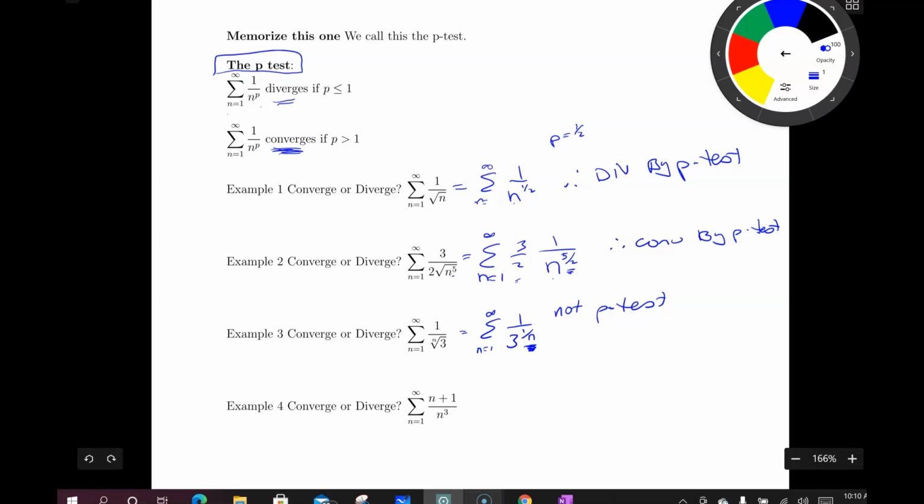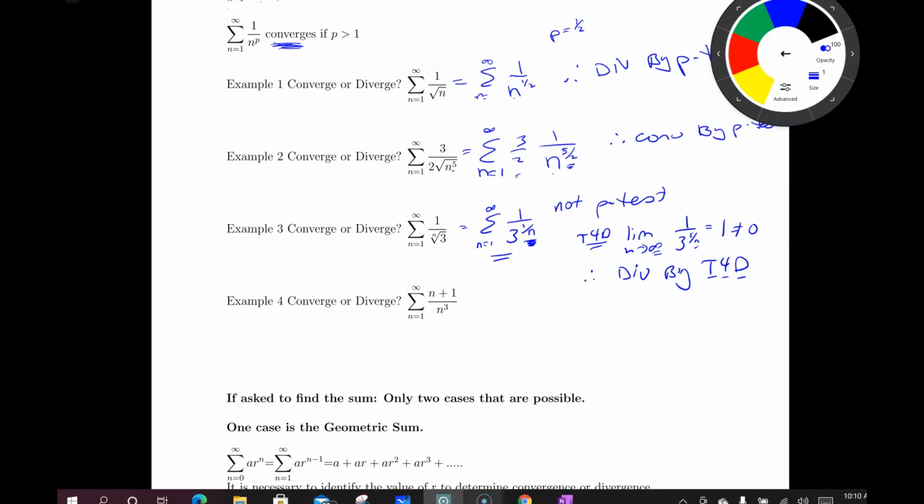N to a number in the denominator. I think we did one just like this a moment ago where we used the test for divergence. So if I take the limit as n goes to infinity of this, I get 3 to the 0, which is 1, which doesn't equal 0, so therefore it diverges by the test for divergence.